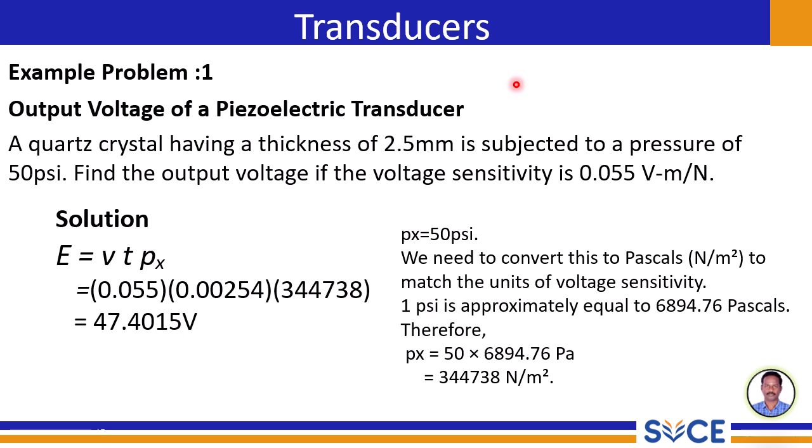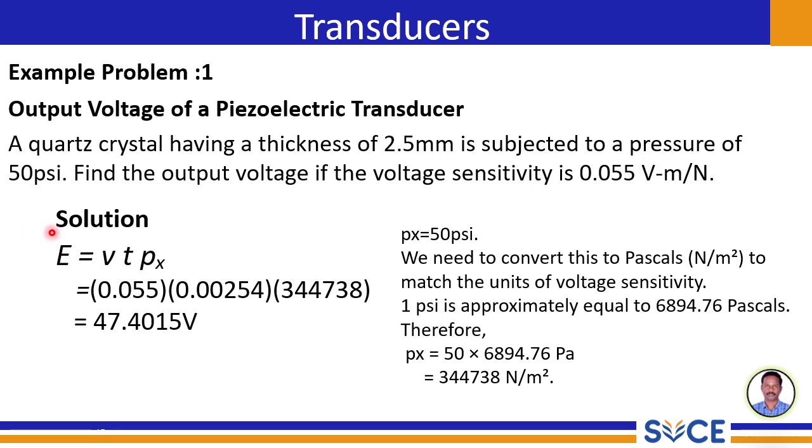To solidify our understanding of how piezoelectric transducers work, let's look at an example problem. This problem states a quartz crystal having a thickness of 2.5 mm is subjected to a pressure of 50 psi.